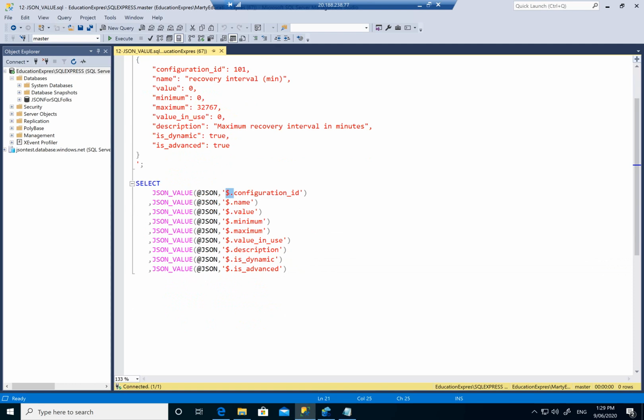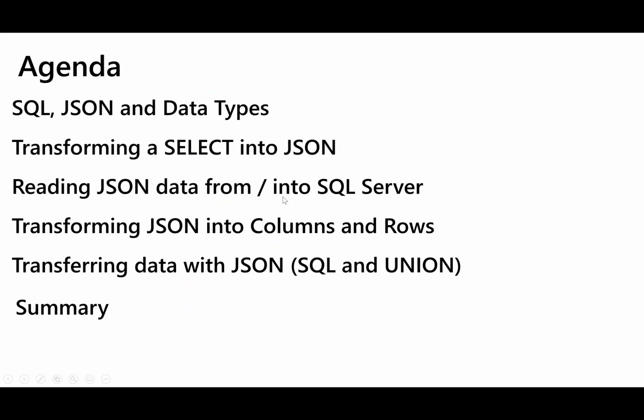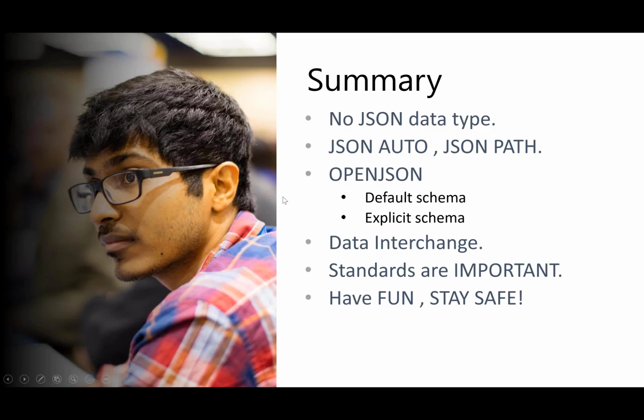But there we have the JSON inside SQL Server, and so we're seeing quite a few things there. There's no data type within SQL Server for JSON. It's an nvarchar max, but you can use the isJSON function to validate it. You can get data back from a table within SQL Server quite easily using JSON auto and JSON path.